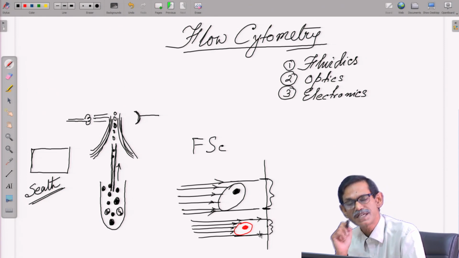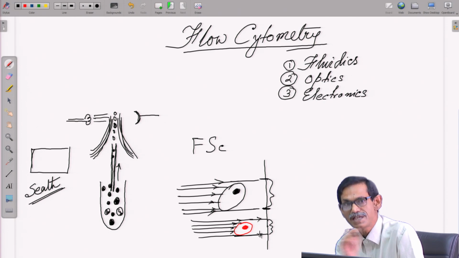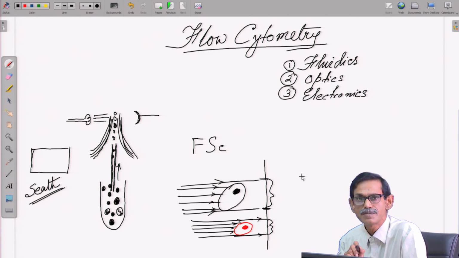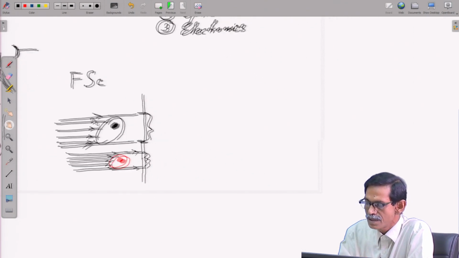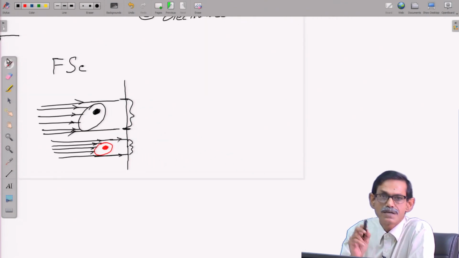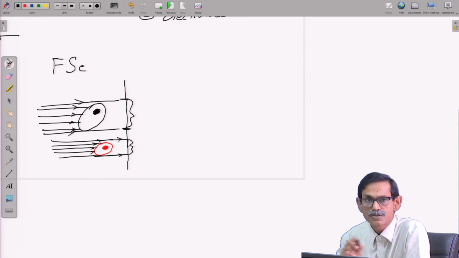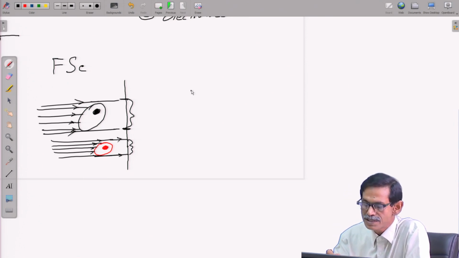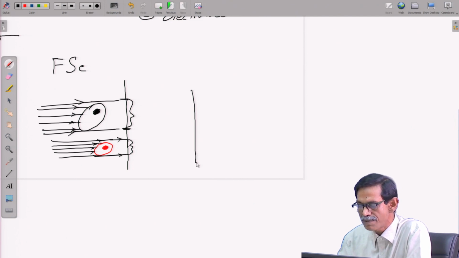If there is a detector which can detect the area of the shadow, I am going to plot them according to size. You will not see the cell; you will see a graphical representation.